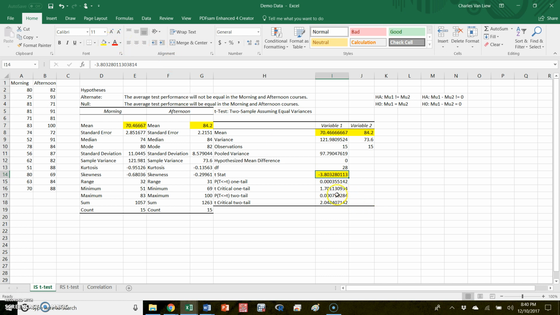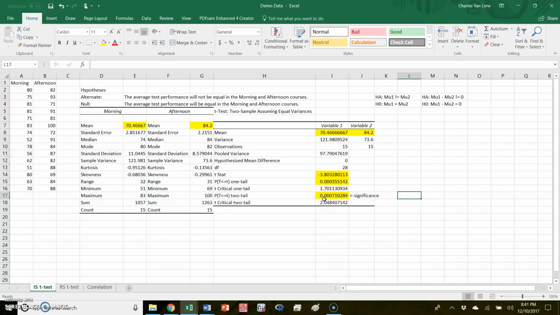And with the t-statistic, we get a two-tailed and a one-tailed p-value. Okay, so if we stick with the two-tailed test as we wrote this, we wrote these hypotheses as non-directional. So this would be the value that we would use to determine significance. And the rule is that this value needs to be less than or equal to 0.05.